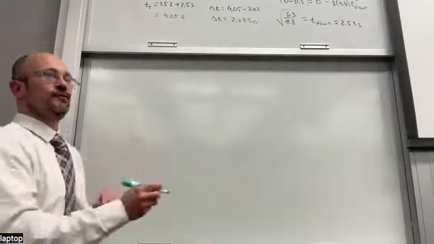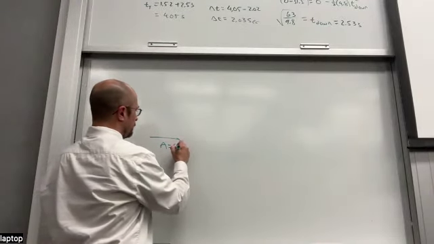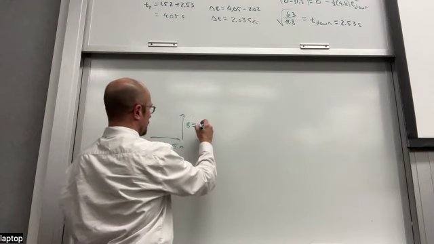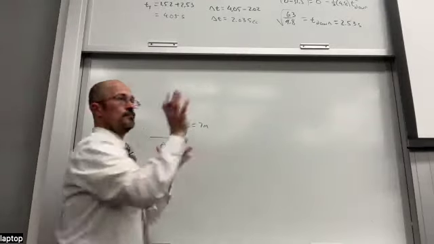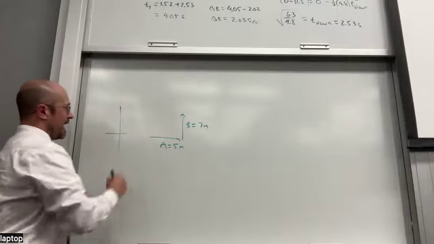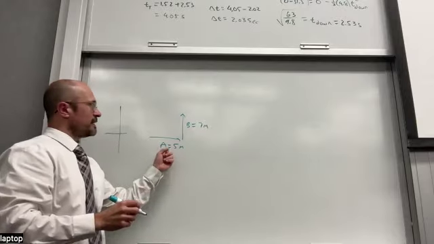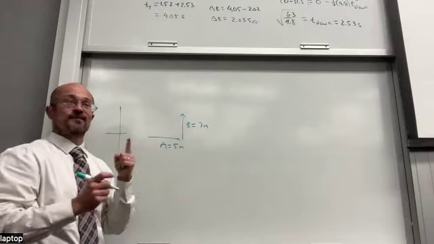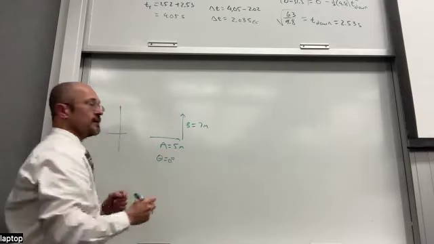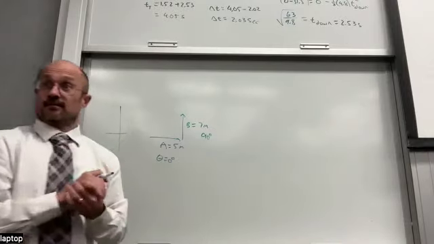So let's say you're given 2 vectors. Vector A has a length of 5 meters or something, and vector B has a length of 7 meters. This is our regular coordinate axis. When you want to add them, always remember this: vector A is at an angle of 0 degrees, and vector B is at an angle of 90 degrees.